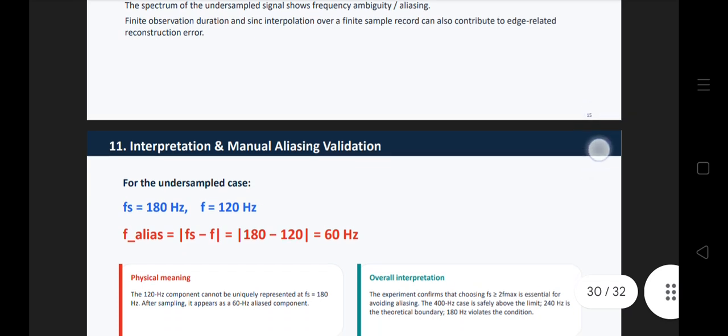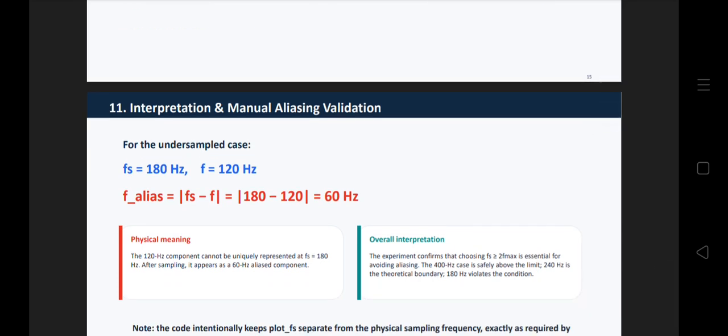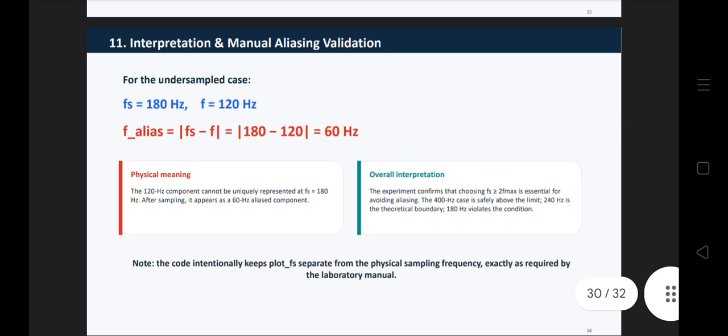The next slide is interpretation and manual aliasing validation. This page gives the manual validation of aliasing. For Fs equal to 180 Hz and F equal to 120 Hz, F alias equals the absolute value of 180 minus 120, which is equal to 60 Hz.